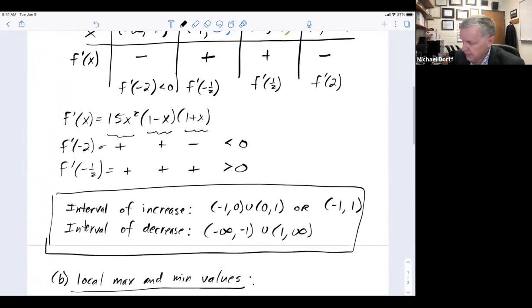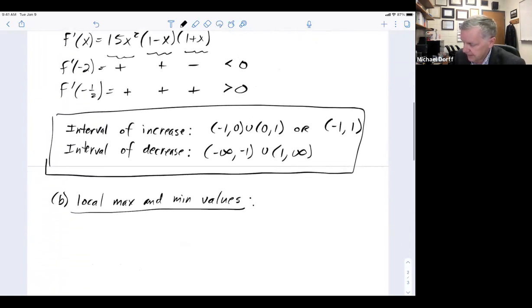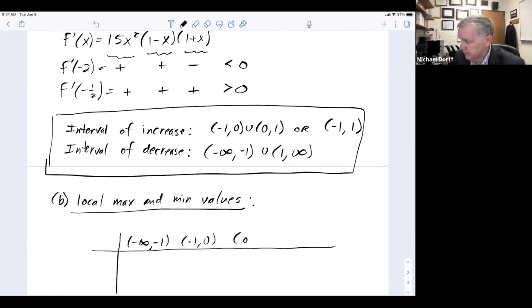Again, if I were to make my little table here, I've got negative infinity to -1, I've got -1 to 0, 0 to 1, and 1 to infinity. And we showed earlier that on the first interval it's decreasing, and then it's increasing, increasing, and decreasing.